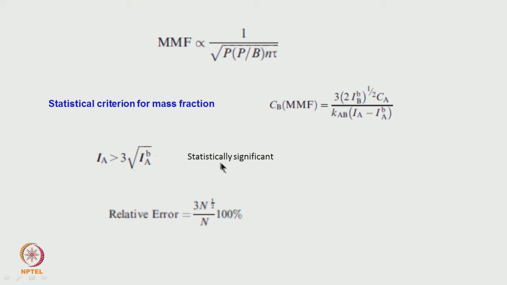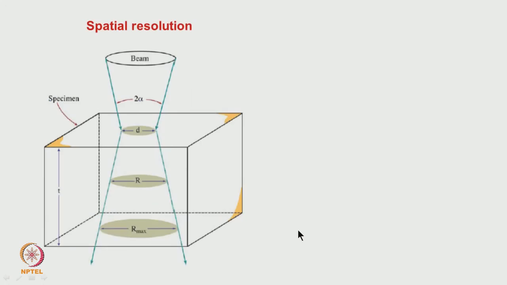Sometimes to get this we have to repeat the experiment, or count for a very long time. The error associated with the sample, which is given in standard statistics, can be found with 99% confidence limit. If n is the total number of counts, then it will be 3 by root n into 100 percent.